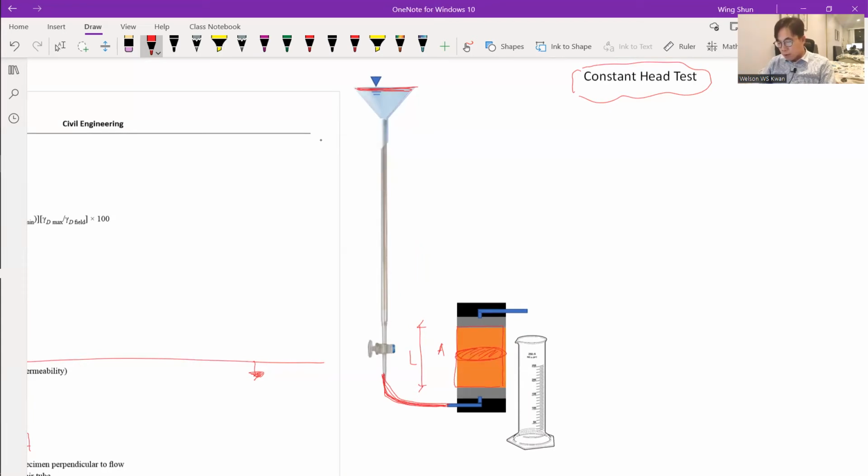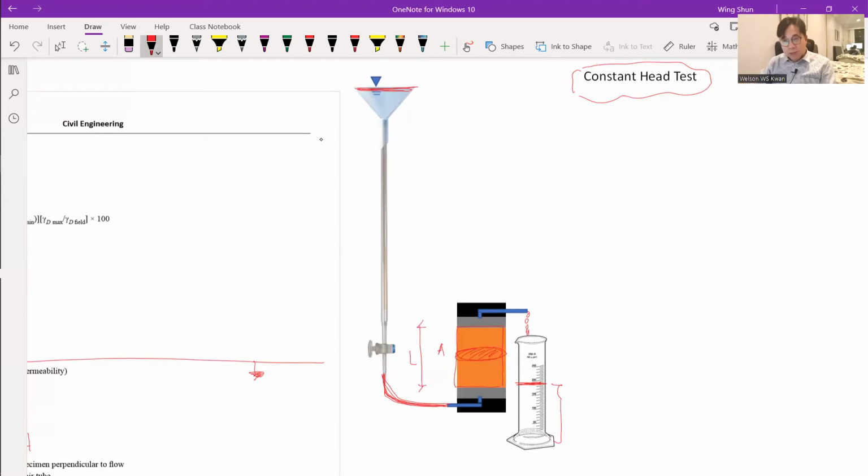The water goes through the pipette, connects to the bottom of the soil sample, flushes through the soil, and comes out from the top. We collect the amount of water that comes out in this graduated cylinder.